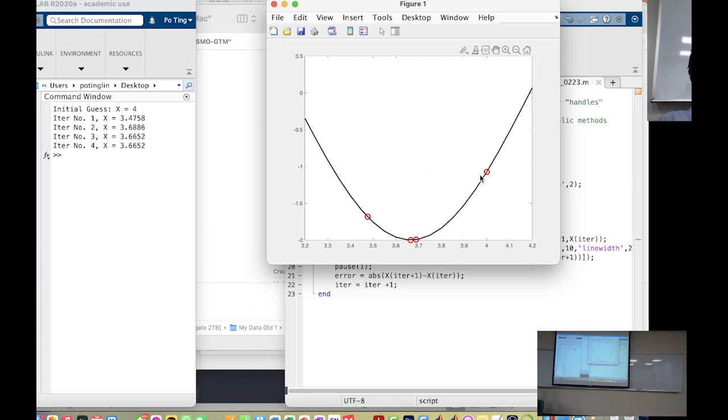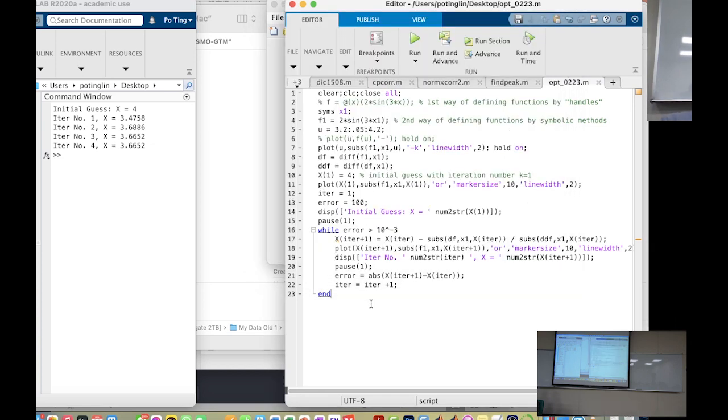Then we can understand why, if we start from here, we will end up with this position. Let's try that. So in order to do that, whenever I get an initial guess, I need to formulate the second order derivative based on that expansion point. So we can do it here.